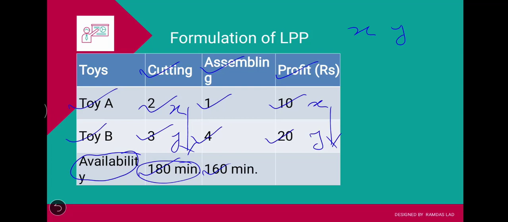Secondly, x plus 4y less than or equal to 160. So in this way we can write the objective function as well as the equations for the constraints from this chart. Let us start the questions based on it.